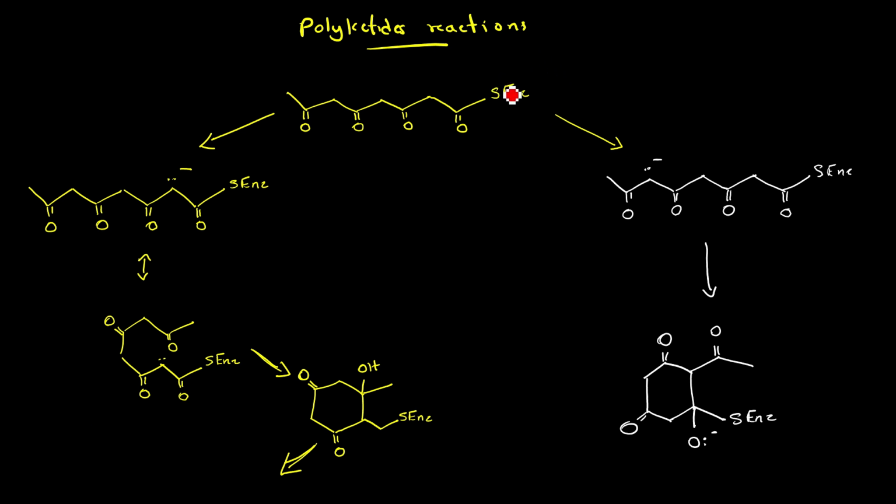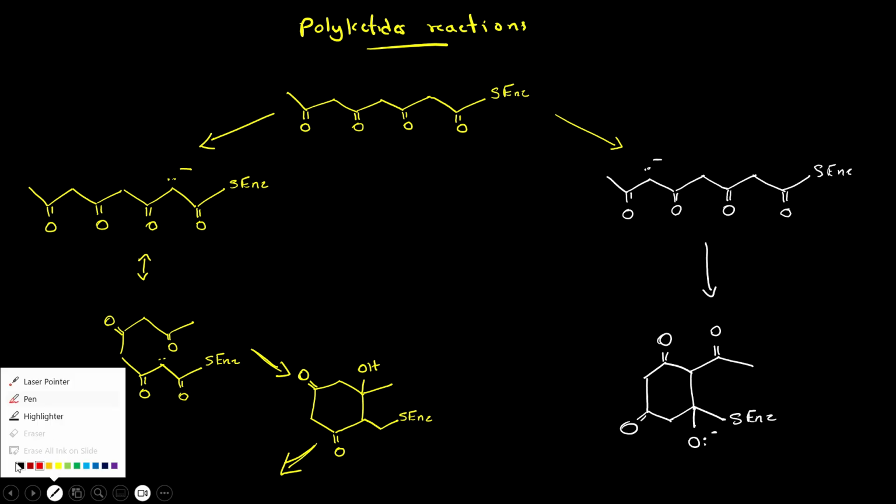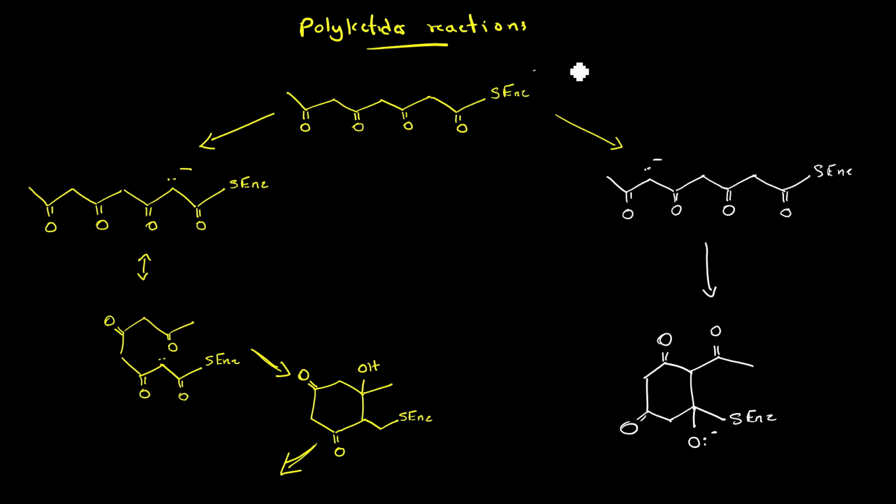So if you have a question about how the polyketides are formed, then you have to watch our previous video, where we talked about the synthesis of polyketides. I hope you remember those things. Mainly, what you need to understand is that to form a polyketide we have talked about the acetate pathway.